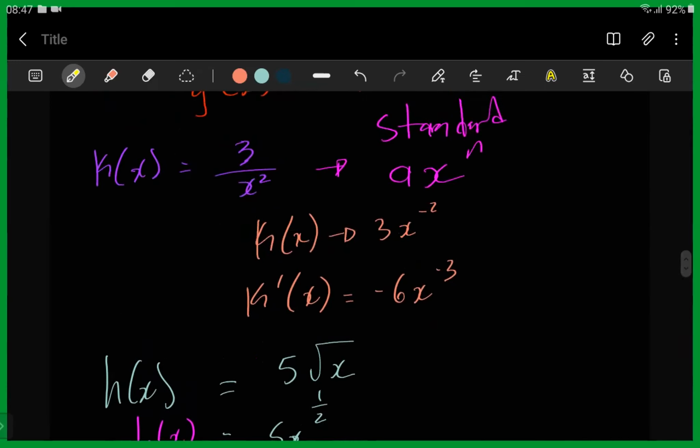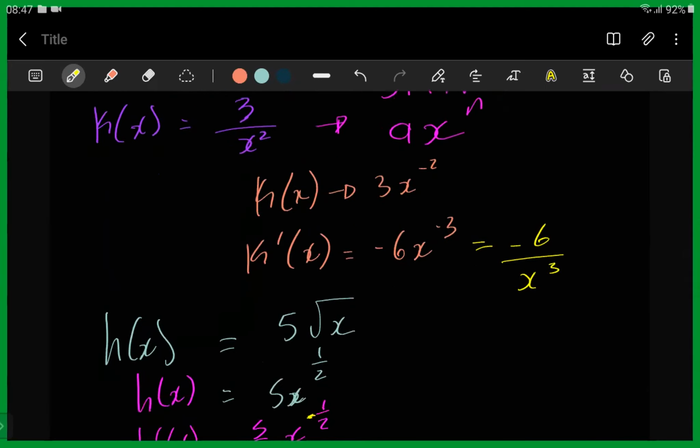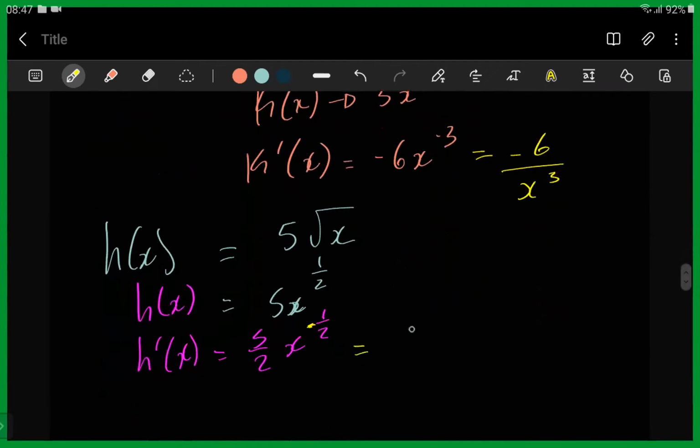Now, normally, depending on the question, if they want you to have answers that have positive exponents, here you can just take the x down and then the 3 will be positive. Same here. You can just take the x down where the 2 is, and then the exponent would be positive. That's if they specify that they want positive exponents. If they don't specify, you can just stop there.